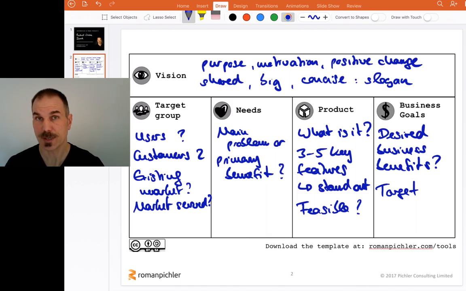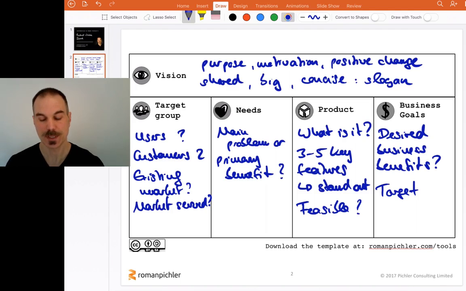Now, it can be very tricky to state a realistic target, I'm aware of that. But if you don't state any targets, if you don't try to quantify or at least qualify your desired business benefits, your business goals, then it's very difficult to track your product's progress towards those goals. And it's difficult then to choose and apply the right key performance indicators, the right KPIs.